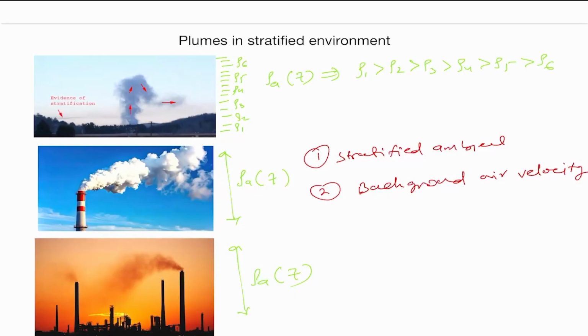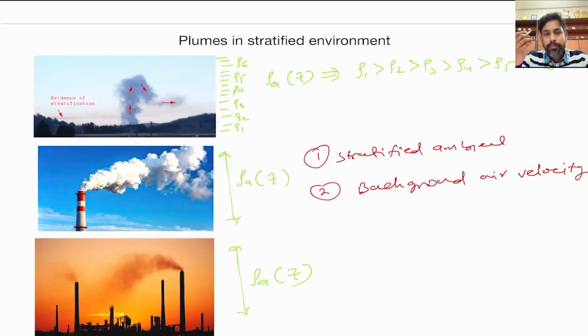So density decreases as you go up, and that is the stratification. That is a stable medium where you have different layers of densities, with higher density at the bottom and lower density at the top. Now what happens when a plume comes out from the source, from the chimney or elsewhere? It enters the fluid, it has buoyancy, it is lighter than the ambient, so it tries to go up.